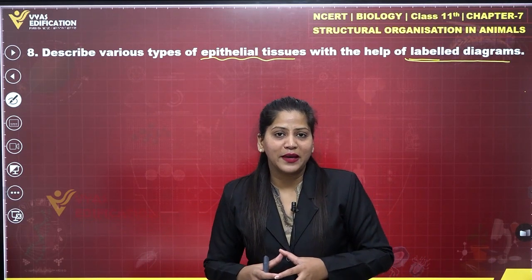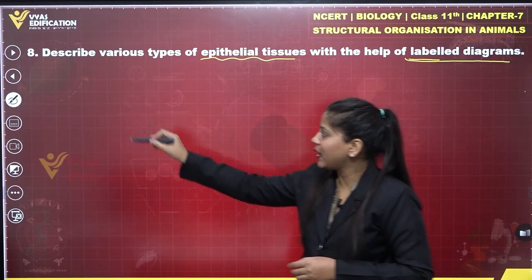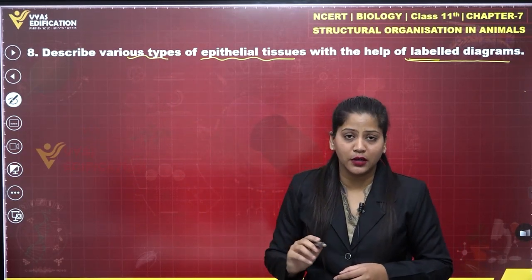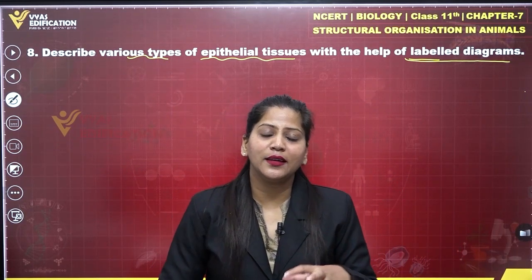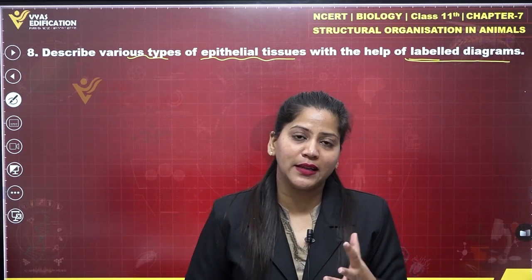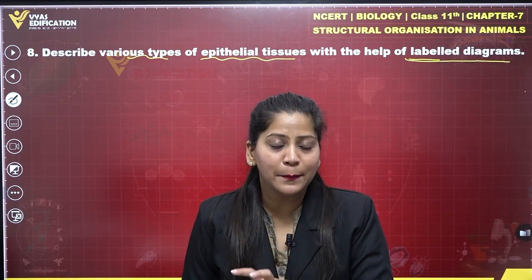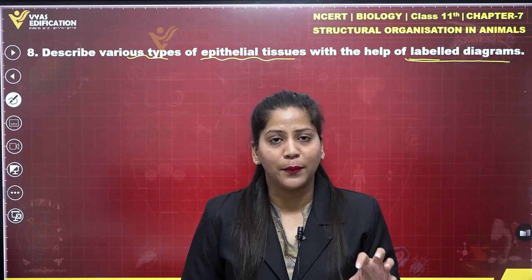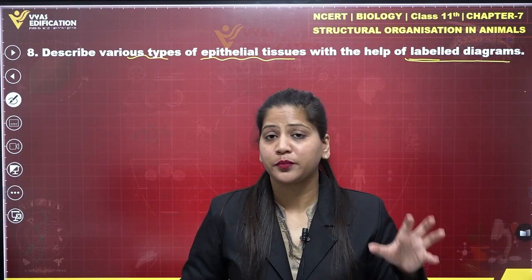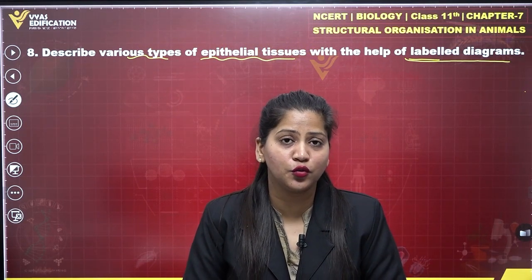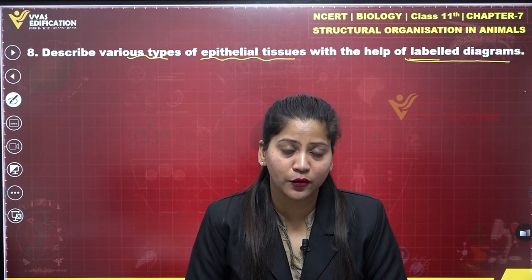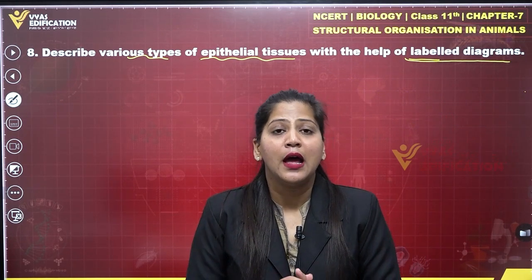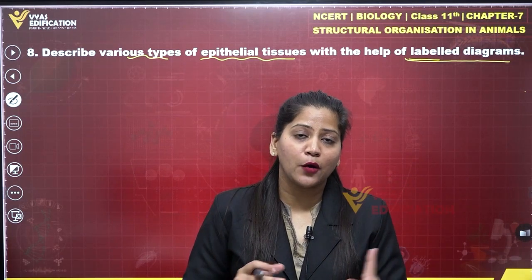Now, we have to describe the various types of epithelial tissue, right? Basically we have two types of epithelial tissue, that is your simple epithelial tissue and your compound epithelial tissue. Now, what is the difference between these two? Why are these two categorized into different groups as simple epithelium and compound epithelium?